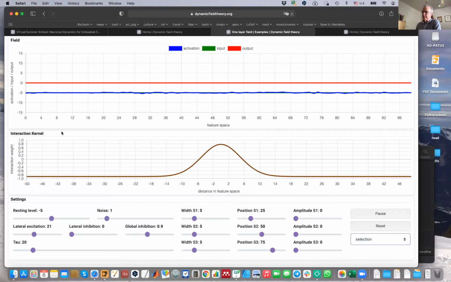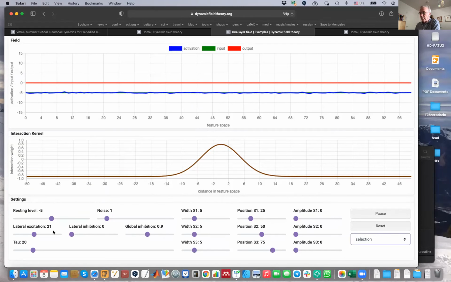So in this simulator, you have a static picture at the bottom that illustrates the interaction kernel. It's a function of the distance along that dimension X, which we call feature space here. So this is where 0 is. This is the 0 horizontal axis. So this is the excitatory part of the kernel. And you see then this is a constant inhibition, the inhibitory part of the kernel.